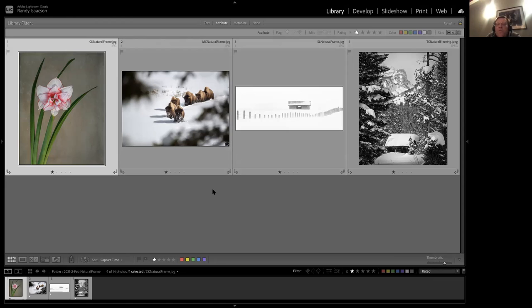I think 1 and 3 are beautiful images. Don't get me wrong. But they don't hit me as being strong natural frames the way 2 does. The other thing about 2 is everything in that picture is black and white except the bison. And that draws me to watch them.